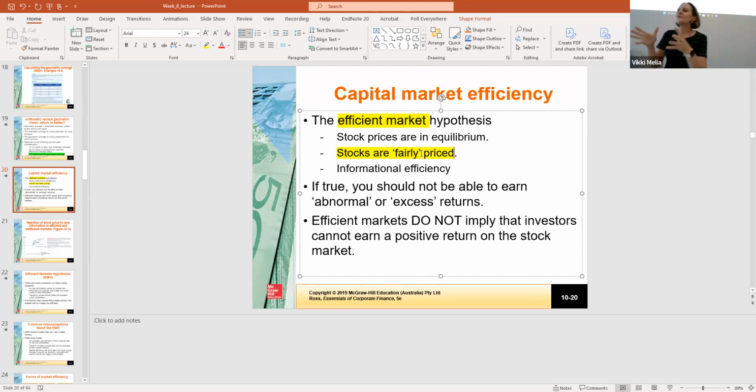But there are different forms of efficiency. There are different forms of efficiency that we're going to consider, but efficiency is really considering, are the assets fairly priced? How quickly is new information reflected in asset prices by the market?